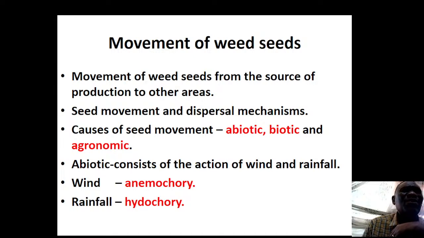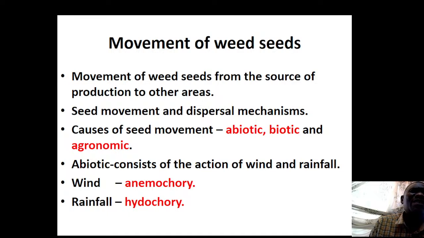Now the causes of seed movement are basically three. We have got abiotic and biotic, then agronomic.